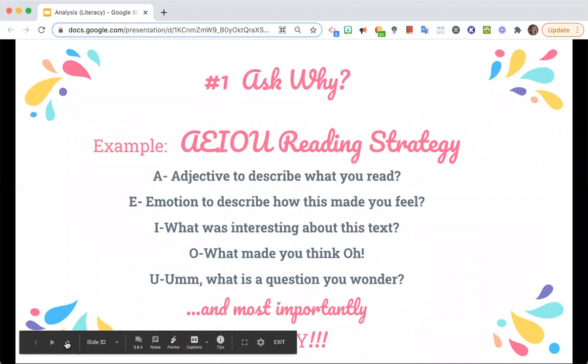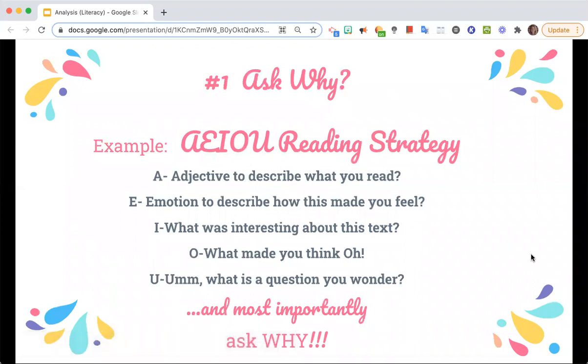The first one is simply asking why, pushing our students to ask why, or to answer why. And I paired that with an instructional activity called AEIOU.